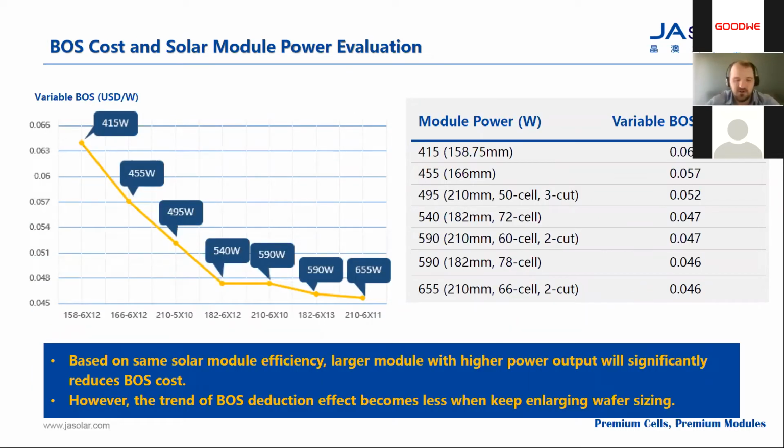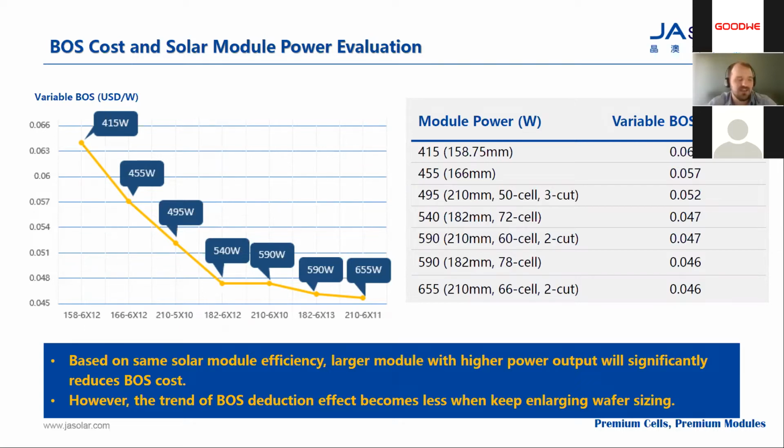If you're considering larger module capacity for the C&I space, it really does start to make sense implementing the 182 and 210 millimeter cells. As the power class increases, the balance of system starts to reduce drastically. From the table you can see the 415 watt module has a variable balance of system cost of about 0.64 US cents a watt.